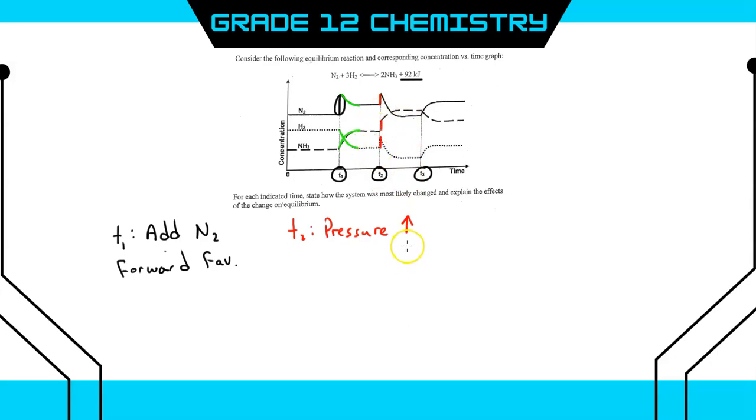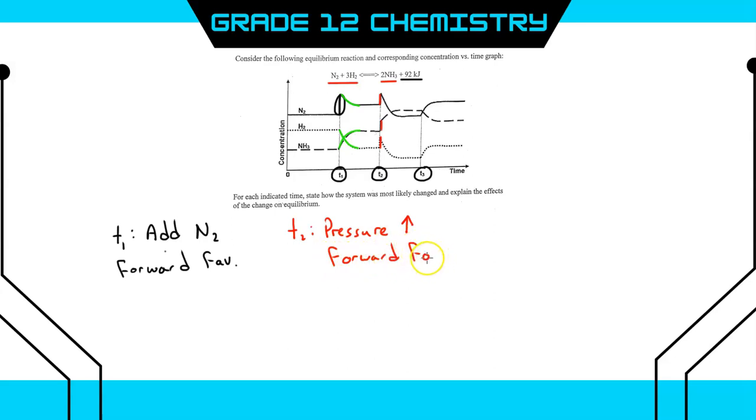So what's it going to prefer? It's going to prefer the direction of less moles. In our reactants, we have 4 total moles, and in our products, we have 2. So we have fewer molecules in our products. Therefore, this is going to be a forward favored reaction.